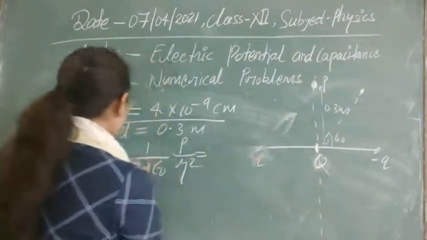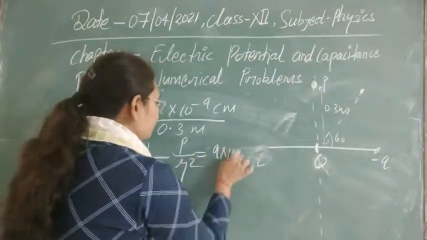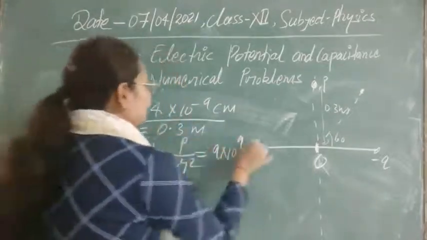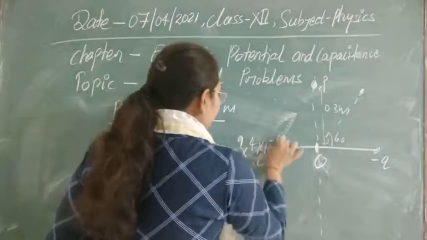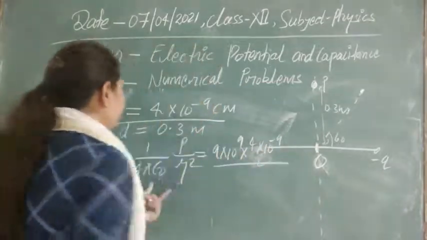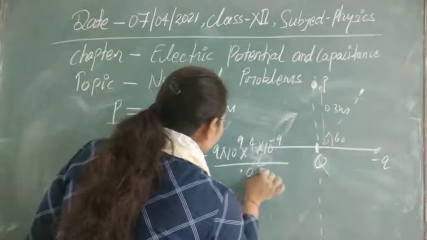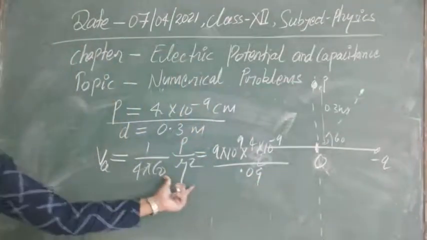All of the values are given. Its value will be 9 into 10 to the power 9, which is 1 upon 4 pi epsilon 0, times the value of p, 4 into 10 to the power minus 9, upon the value of r, 0.3 meter, which gives 0.09 when squared.